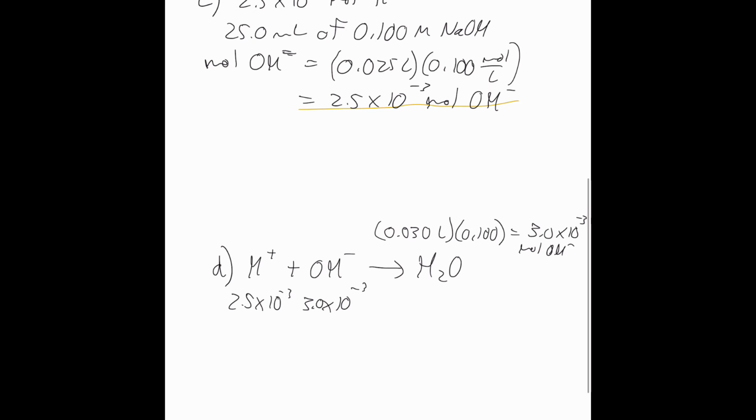Now here we have part C, where we're adding 25 milliliters of 0.1 molar sodium hydroxide. I've got the moles of H plus because it's constant, what we originally added. And now we've added, and we're going to convert this 25 milliliters to moles, and it's 2.5 times 10 to the minus 3, which is the same as 2.5 times 10 to the minus 3 here. So we have stoichiometrically equivalent, which is the equivalence point, isn't it?